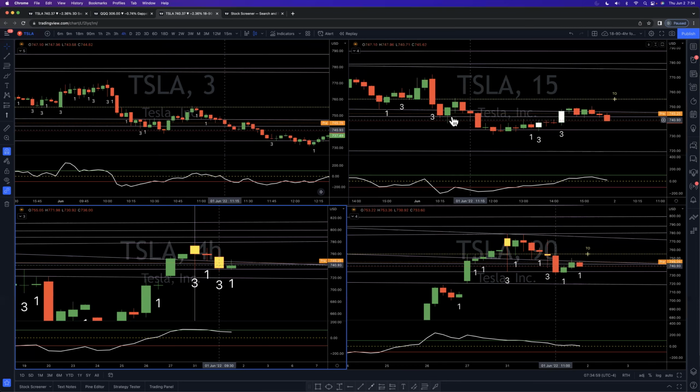Why? Because it's not as clear on this chart here, but when I'm reviewing my patterns, once price comes up, comes back down and up again, that's an indication of a doji.